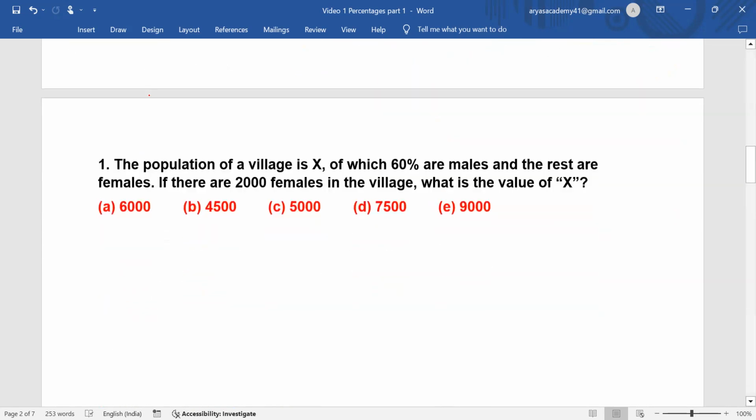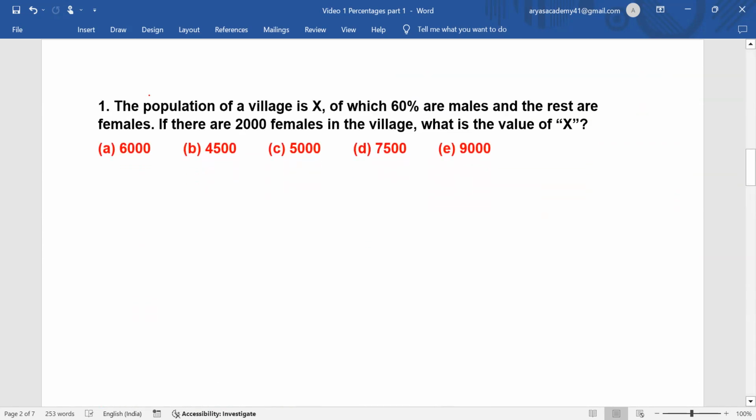Now we are moving on to question number 1. First, try to understand the question. The population of the village is how much? X. They have not mentioned the population, but they have mentioned it as a variable X. Whether the total population X is 10,000 or 10 lakh, it will always be 100%.